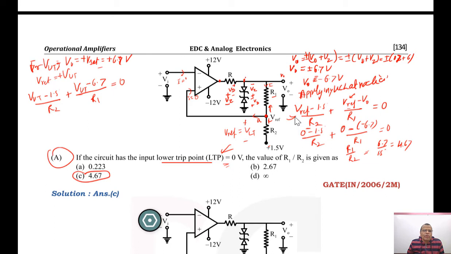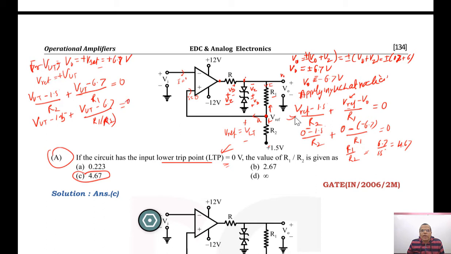So now this gives VUT minus 1.5 plus VUT minus 6.7 divided by R1 by R2, this is equal to 0.